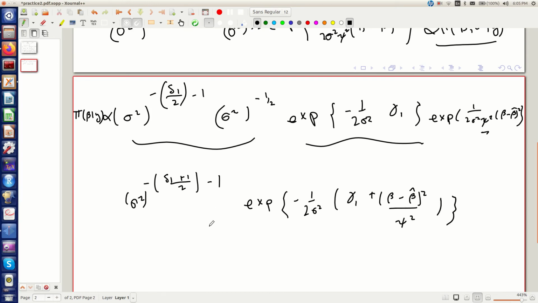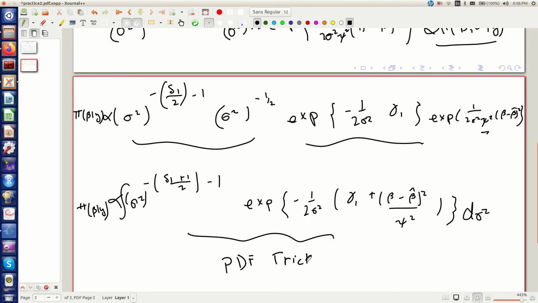Okay, so those two are combined, and that's proportional to the marginal. All right, so again, the goal was to integrate over sigma squared to get a marginal for our beta, given y. So do that using the PDF trick.